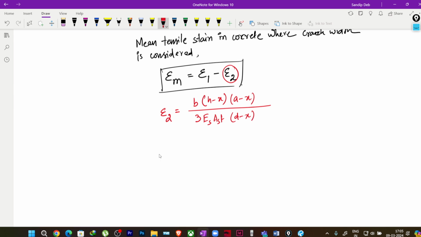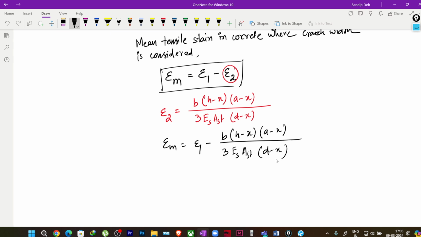So if you just replace this, finally we got this formula: εm equal to ε1 minus b into (h minus x)(a minus x) divided by 3 Es Ast into (d minus x).